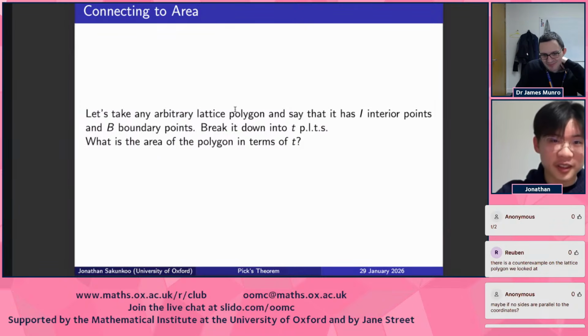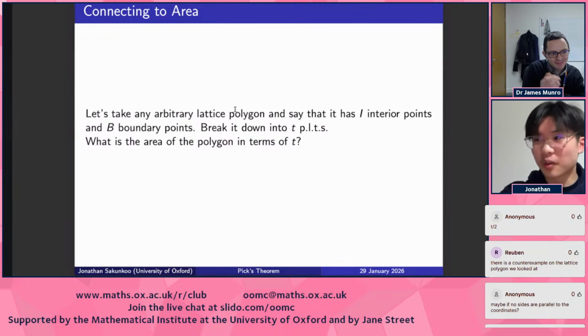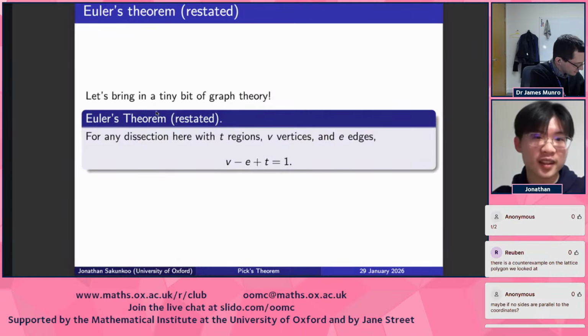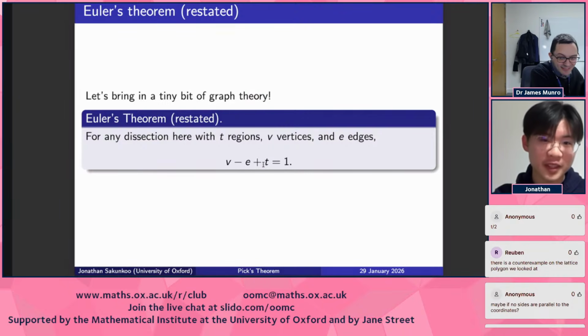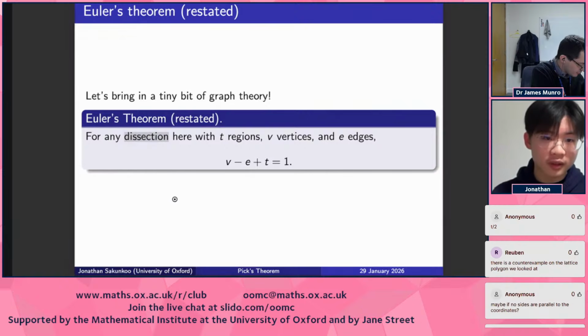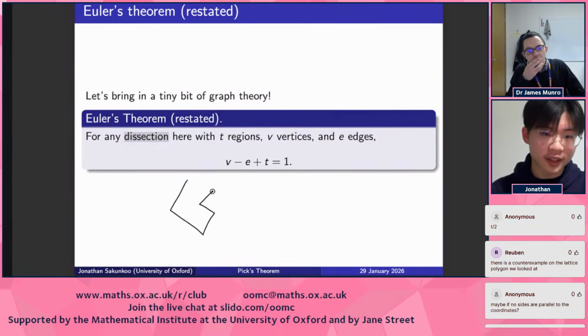Well, this is going to be cool because we're going to bring in a bit of graph theory, but we're not going to treat it like that because it requires a bit more framework and the notion of a graph and a planar graph. So we're just going to say there's this result called Euler's theorem that I've restated a bit here. Basically, it says that for any dissection, which basically means any splitting that we take, like for example, we draw something like that.